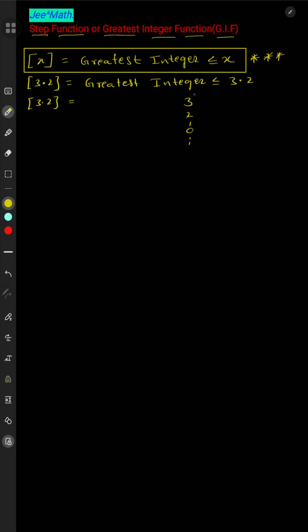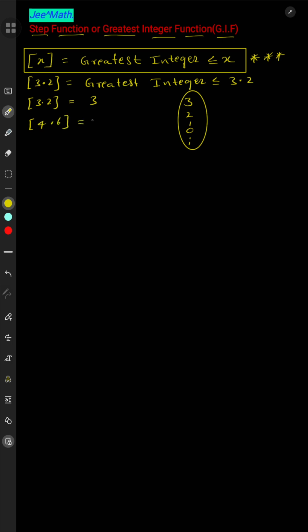In all those integers, you need to take the greatest one. So 3 is the greatest integer. So you need to take 3 in the next step. So anyways, this is implying what? Step of 3.2 becomes 3.